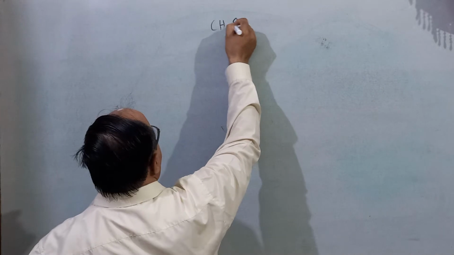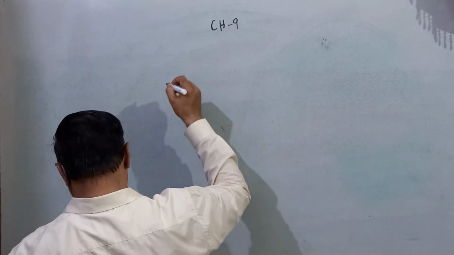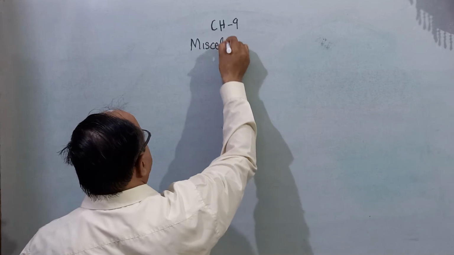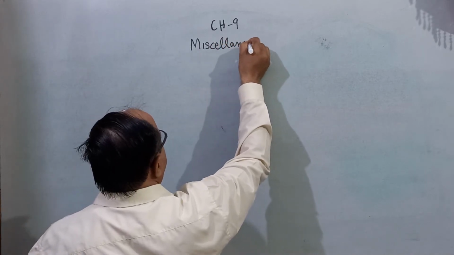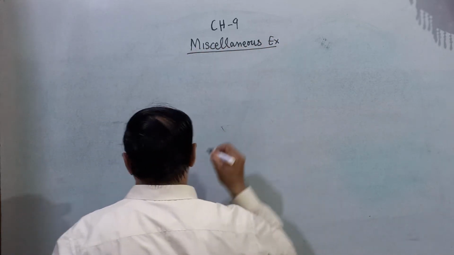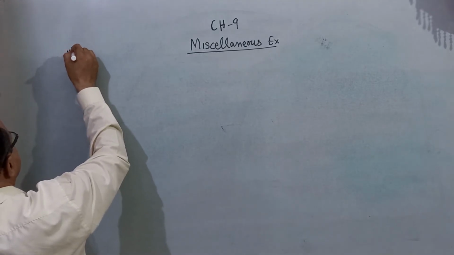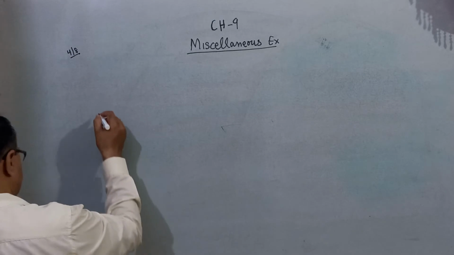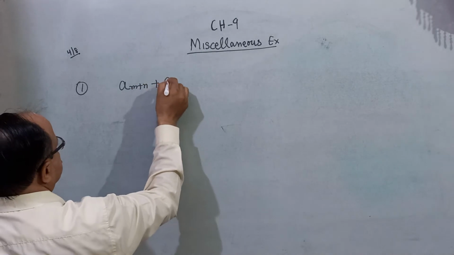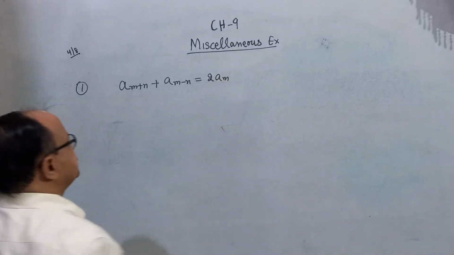Chapter 9, miscellaneous exercise, today we solve the first question: the sum of the (m+n)th term and the (m-n)th term is twice the mth term.